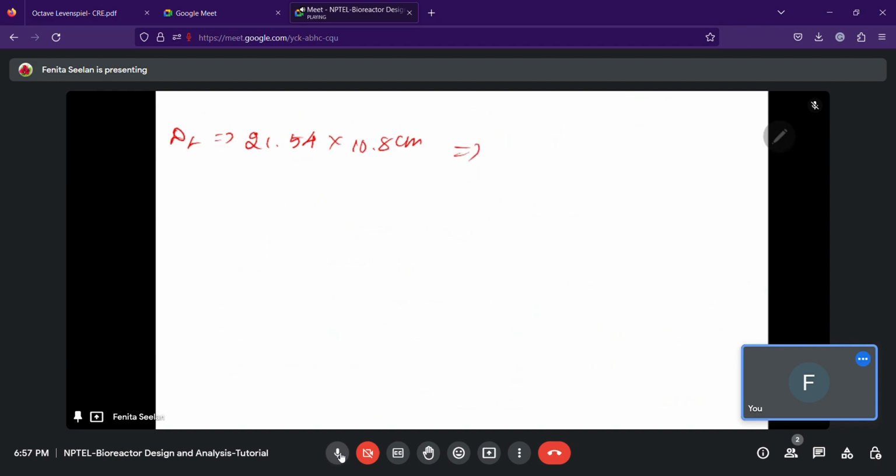21.54 into 10.8. 232.6, right? That's 232.6 centimeter. Yours will be 21.54 into 738 centimeters square. That's 138.